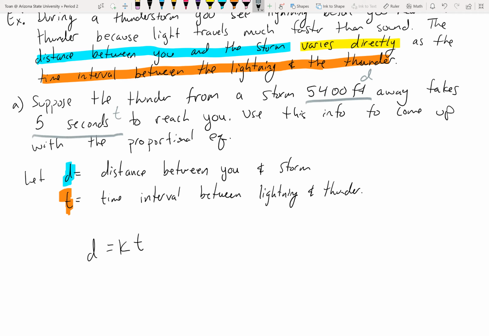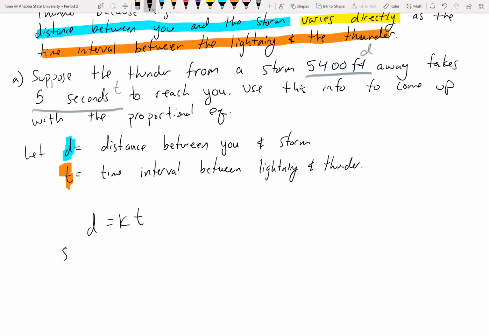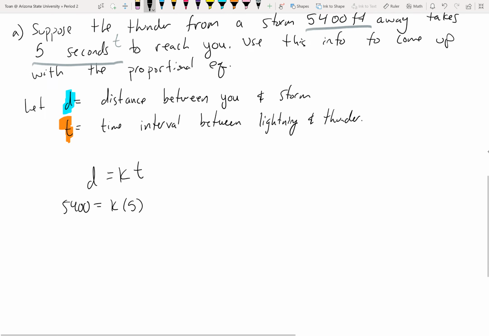Everyone okay with that? Just plug it in. So D is 5,400, equals K times T, which is 5. And what do you know, you have an equation to solve for K. Divide both sides by 5, and then you're home free. So K equals 1080.